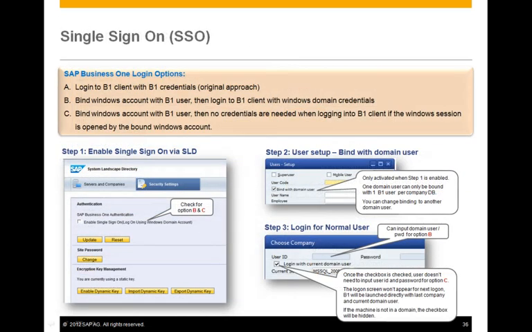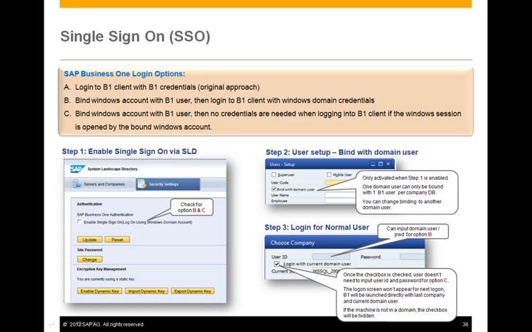There are now 3 flexible options for logging into Business One with Release 9.0. Option 1 gives you the ability to log into the Business One client using Business One credentials, which is the original approach. Option 2 allows you to bind your Windows account with a Business One user for the first time and then log into the Business One client with the Windows domain credentials.